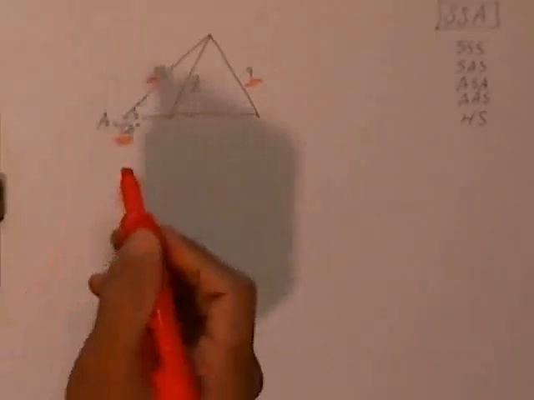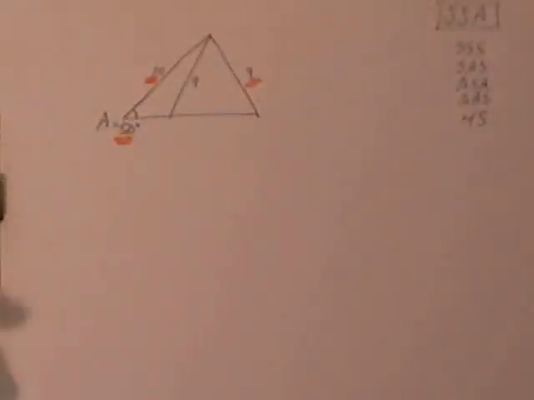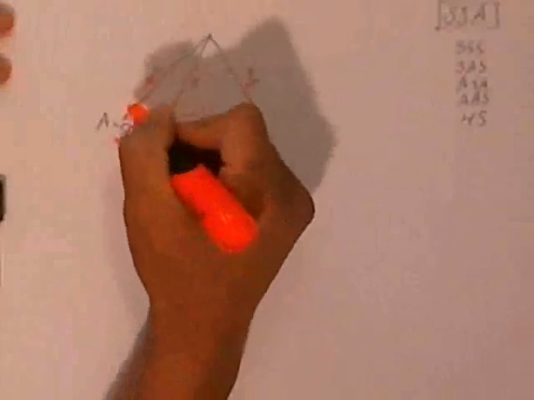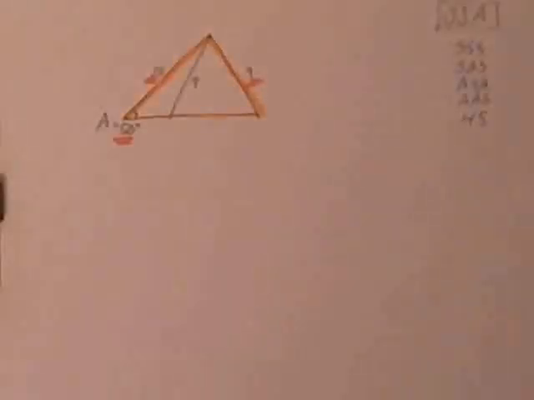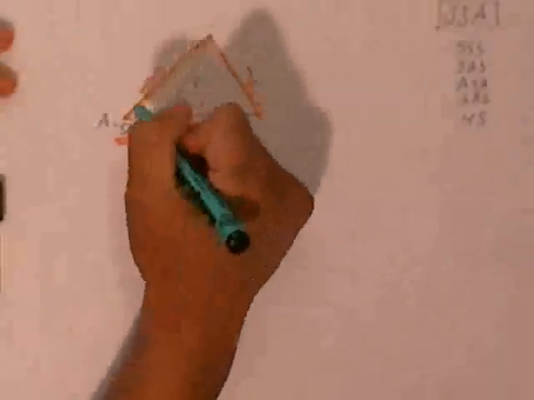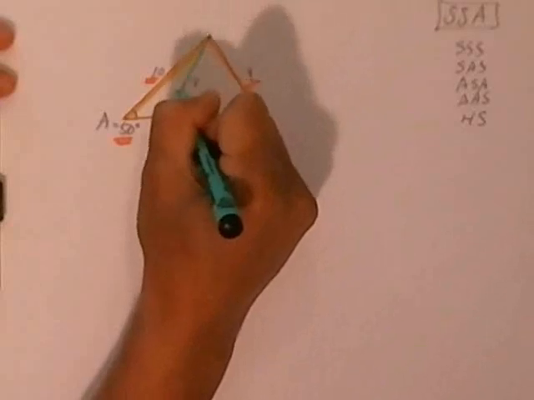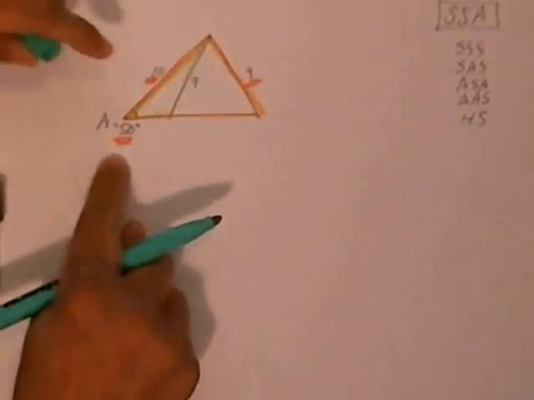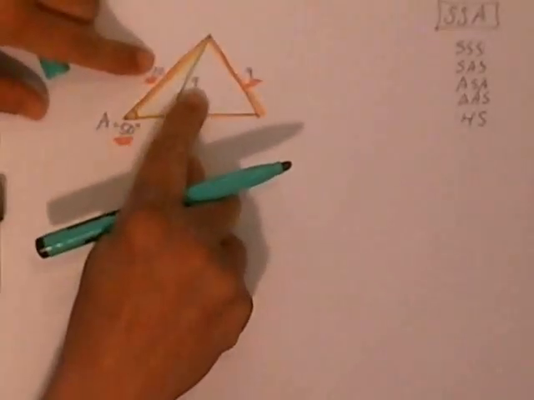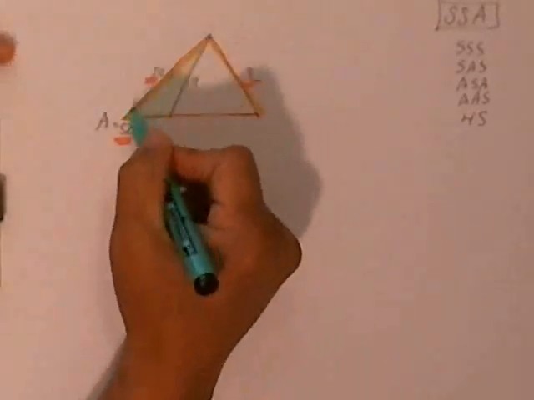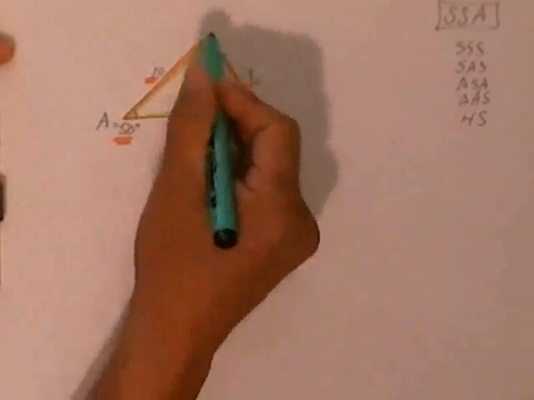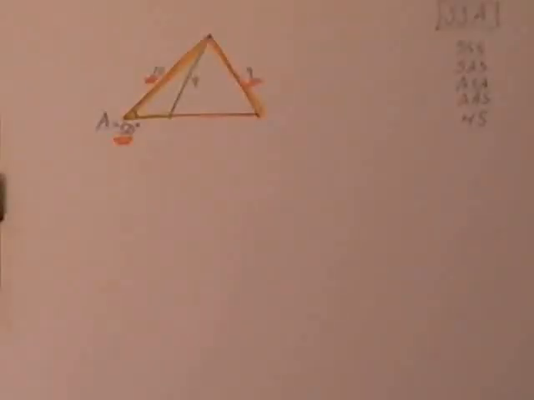The first triangle you're going to end up with is the biggest one, the outside one. That's your first triangle. And the second triangle is the smaller one right here. This is fixed, this is fixed. Little a is also fixed, it's at 9. So you end up with 2 different triangles, the green one and the large orange one.